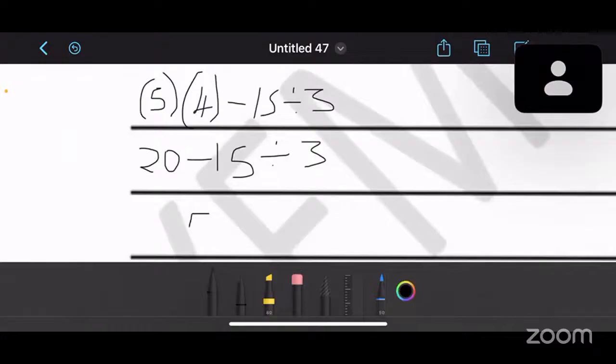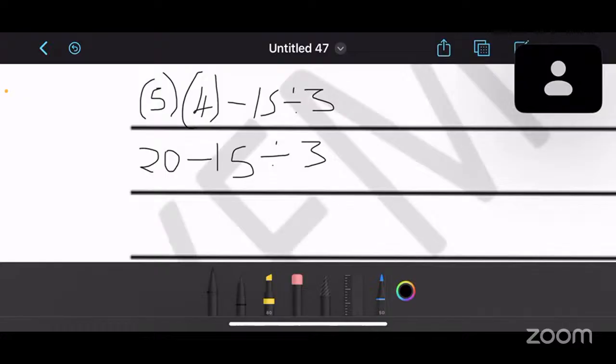I think I wrote it wrong. And then you're going to take 15 divided by 3. And then your final answer is going to be 5. Wait, I didn't get the last step.